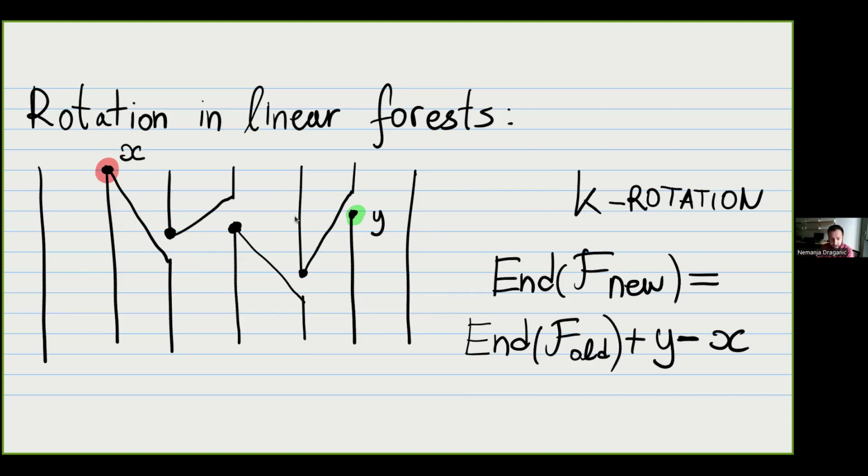Everything else stays the same. And why is this the case? Because we replace this one with this one, because it's a one rotation, then we replace this one with this one, and in the end, we replace this one with this one. So in the end, what happened is we replace just x with y. Rotations in linear forests just change one endpoint for another one.